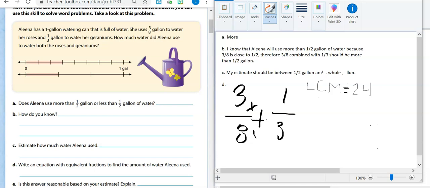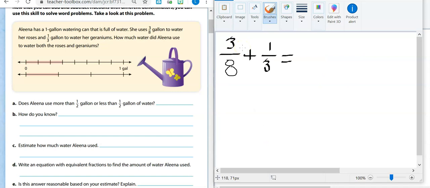So I can multiply 3/8 by 3 over 3 in order for it to become an equivalent fraction. And again, whatever I multiply my numerator by, I must multiply my denominator by. So my like fraction will be 3 over 3. And then that would give me 9 over 24.